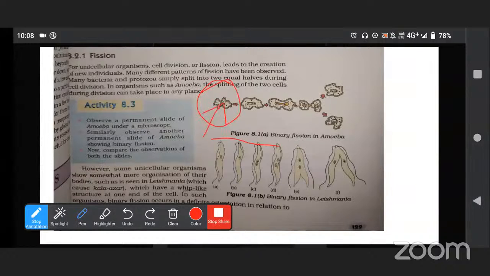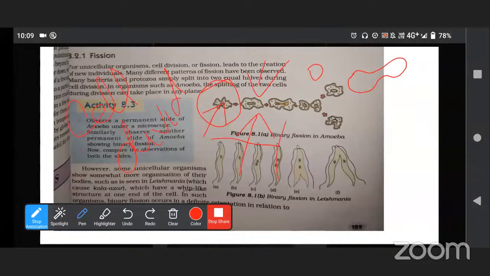In every cell the nucleus is in the central position. Whenever cell division starts, the nucleus starts to separate, and new cells start to grow. Here you see the nucleus becomes bigger. Earlier it was like this, then it becomes bigger. Here cell division occurs.